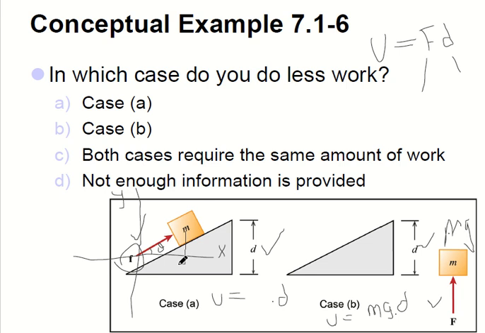The weight is always mg going down. So you have two different forces. In order for you to get this, your F has to be mg, and since mg is in this direction, that's opposite, so therefore sine theta.